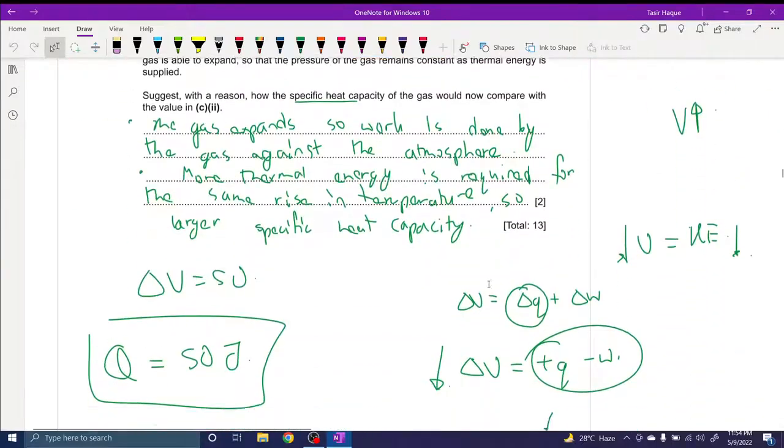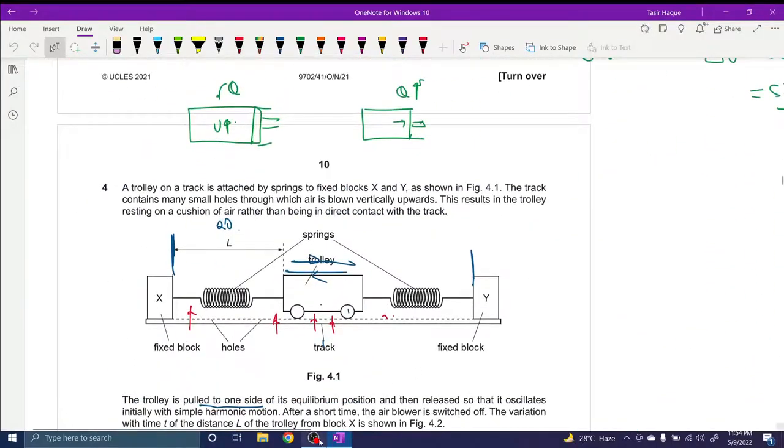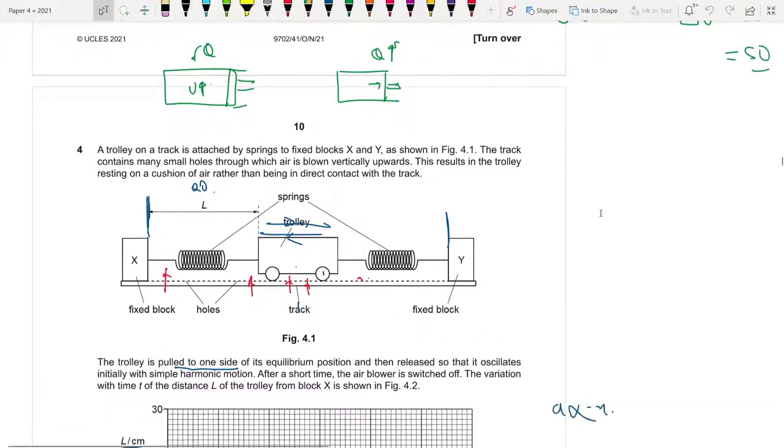Okay, that's all. Difficult question. Moving on to question 4.